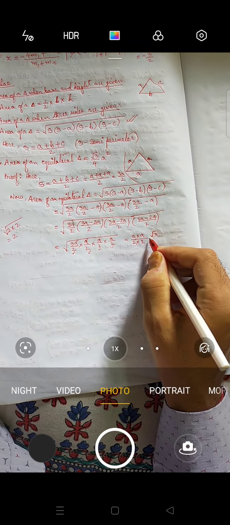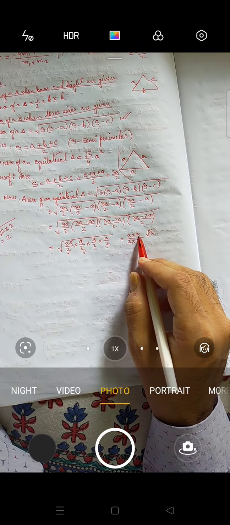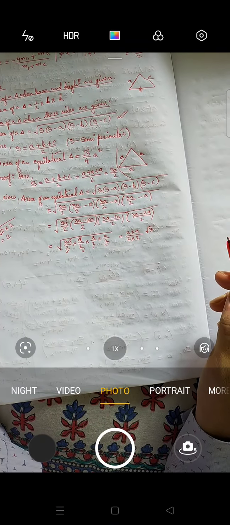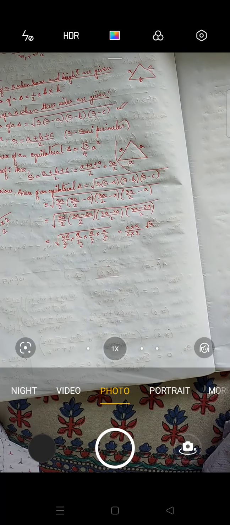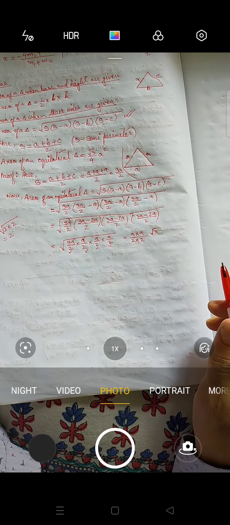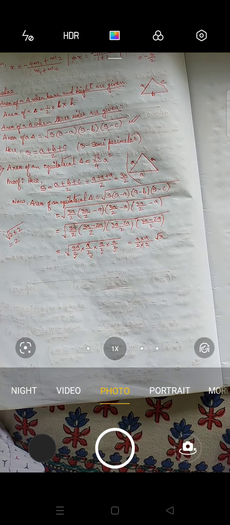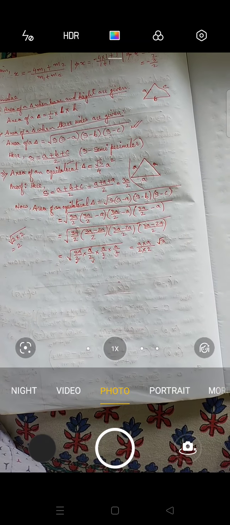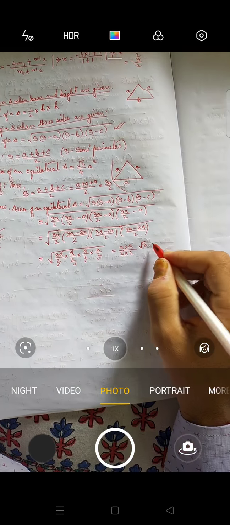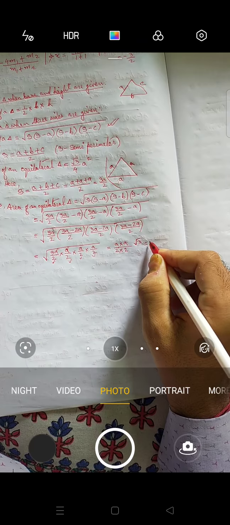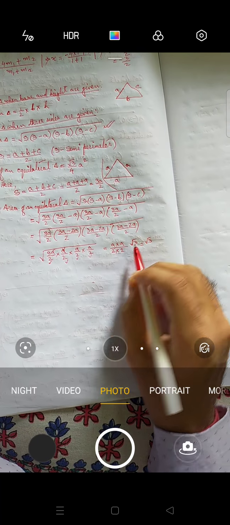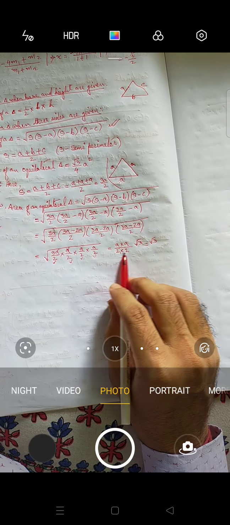Yes, this is multiplication. A into root 3. Now you already studied before in polynomials that a coefficient should be written first. So the number should be written first. So can I write this one as root 3, and in the denominator you can see that there is a 4.